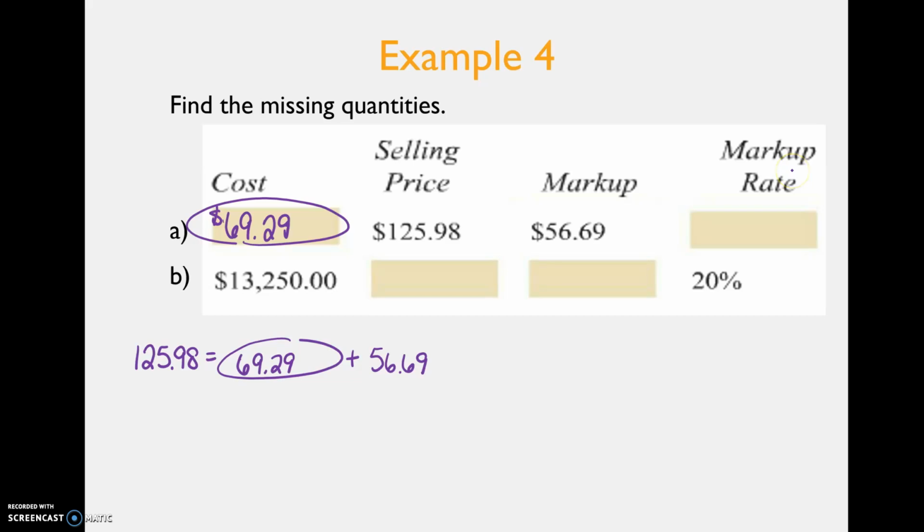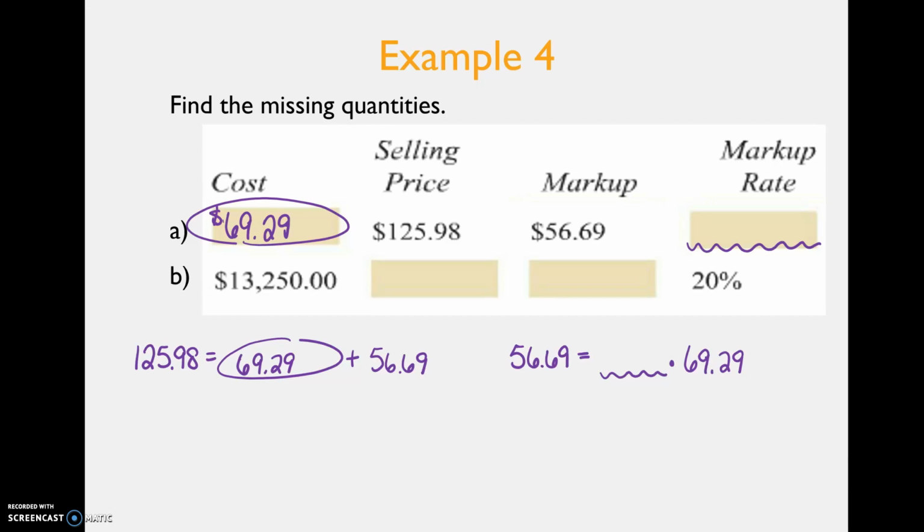The markup rate. Our other one was that the markup, $56.69, equals the markup rate, notice we don't know what that is, times the cost, which we just figured out was $69.29.